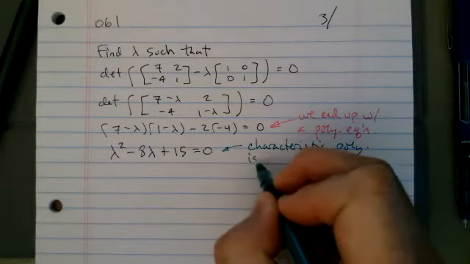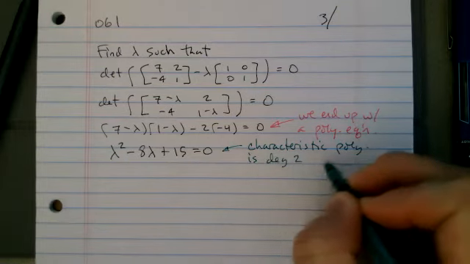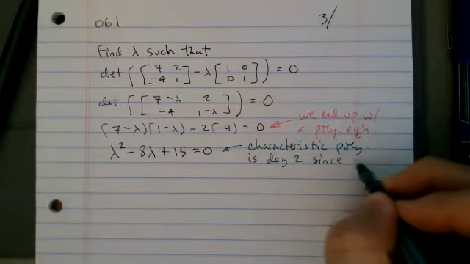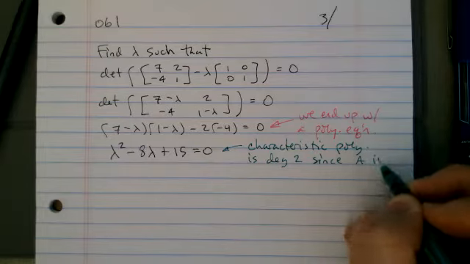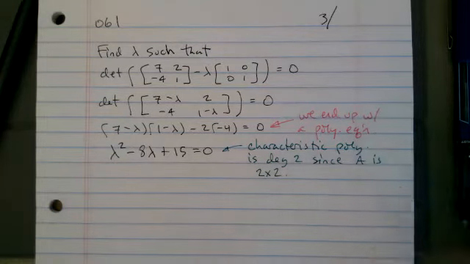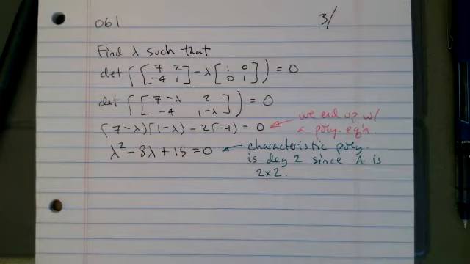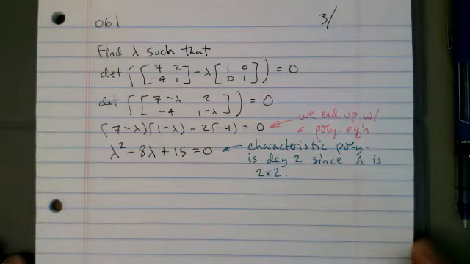And it's degree 2 since A is 2 by 2. If A was a 3 by 3 matrix, then we'd end up with a characteristic polynomial that's degree 3, and so on, and so forth.